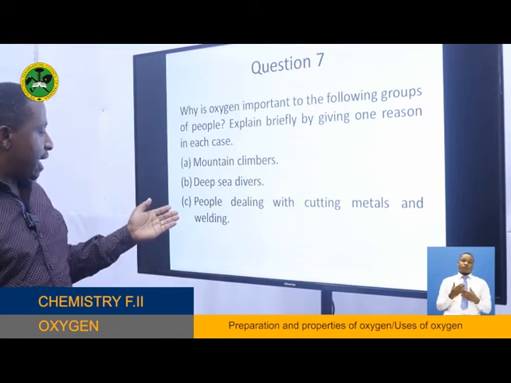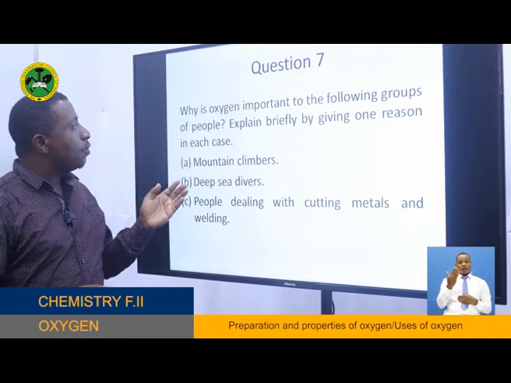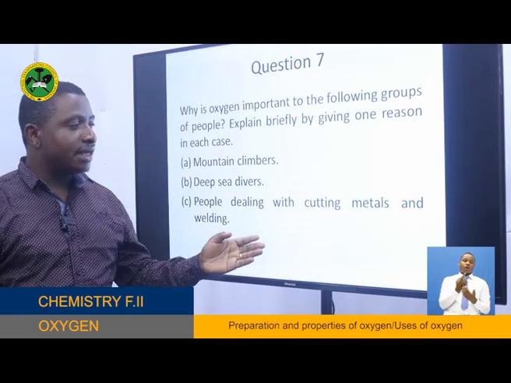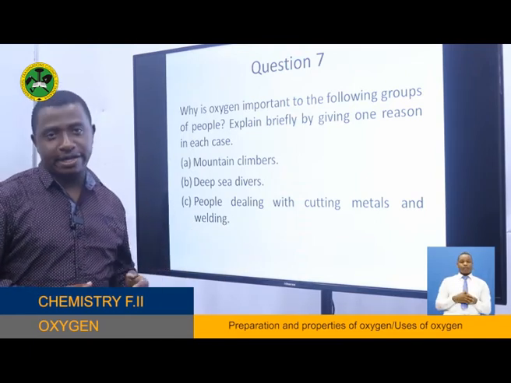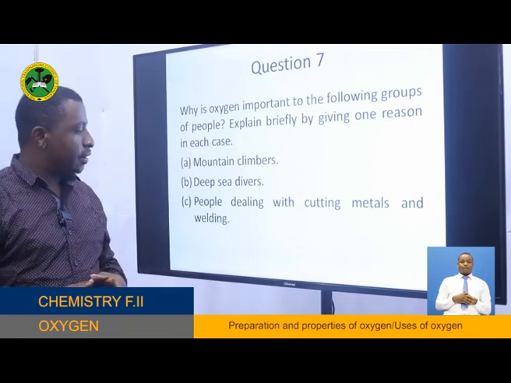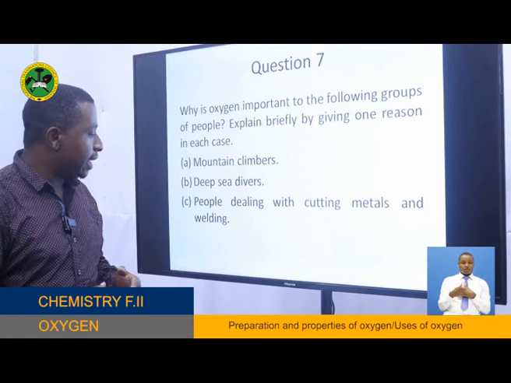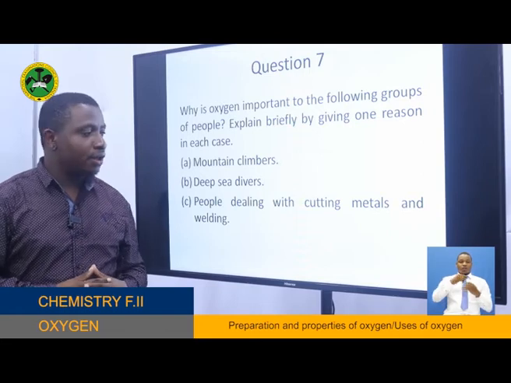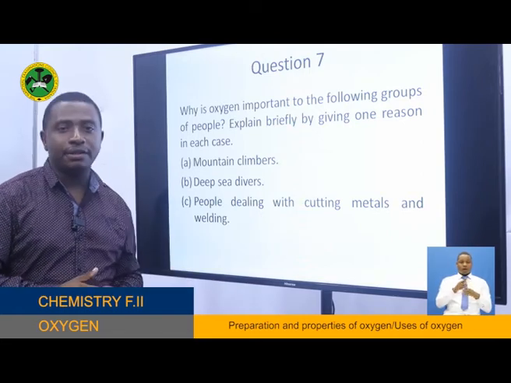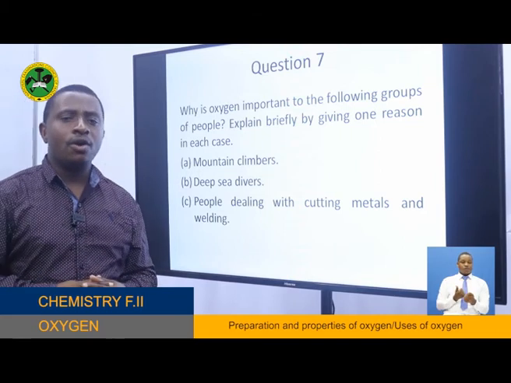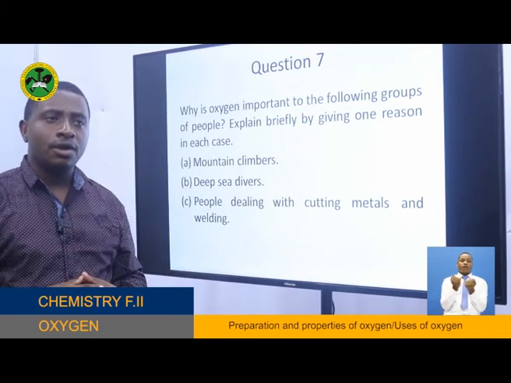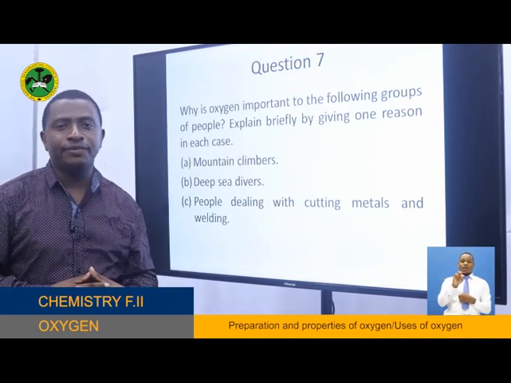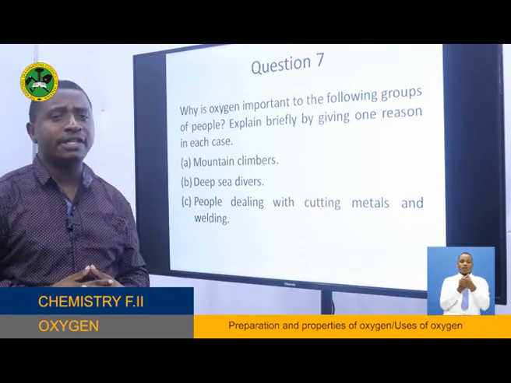Let's see another one, which is, why is oxygen important to people dealing with cutting metals and welding? Dear students, people dealing with cutting metals and welding require oxygen in the process of cutting or in the process of welding. It's due to the fact that oxygen makes what is known as oxy-ethane flame, a very hot flame which reaches about 2000 degrees centigrade.